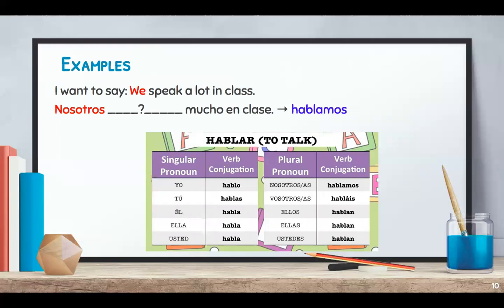I know the verb is hablar, so I have to go to the AR chart and decide what ending corresponds to nosotros. Looking at this chart here, you can see the answer will be hablamos. How did I do that? I chopped off the AR at the end and I tacked on the AMOS ending for an AR verb in the nosotros form.